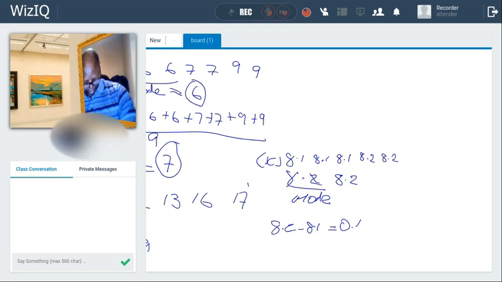So you had 0, 1, 2, 2, then 4, then 5, then 7, 7, 8, and then 9. For C, the median is 6.93.